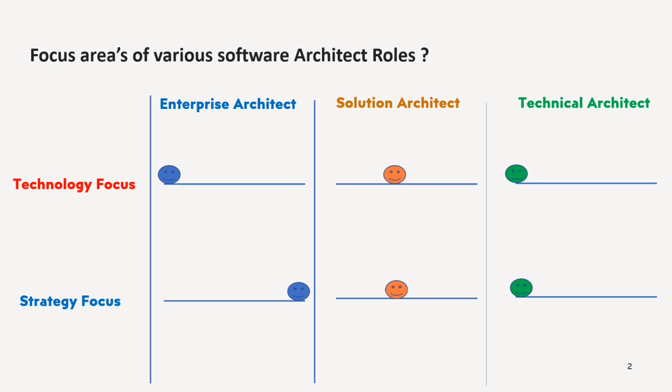And similarly, because he or she is operating in one area, the technology focus is also limited. So maybe technologies which are part of that portfolio can also be analyzed by the solution architect to find the best solution and best framework to be used. So we can say that the solution architect is focusing on or balancing between strategy and technology.